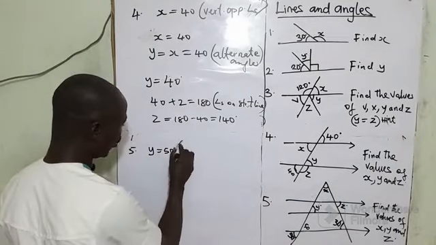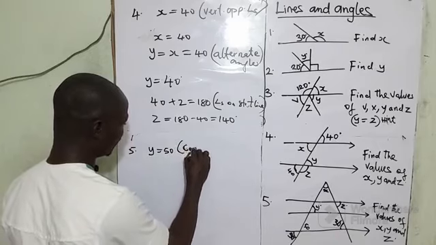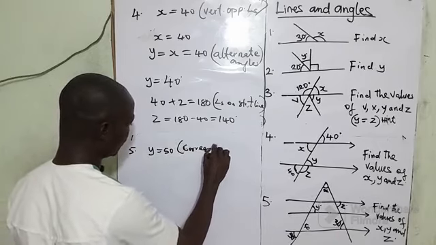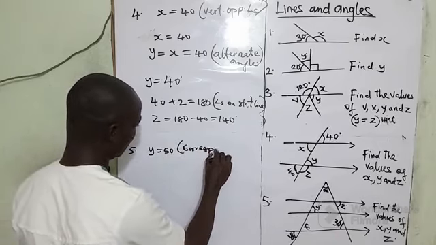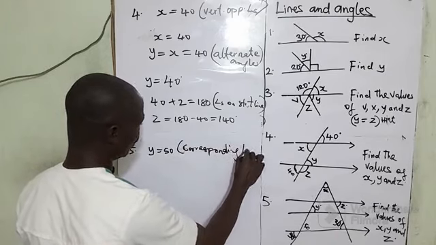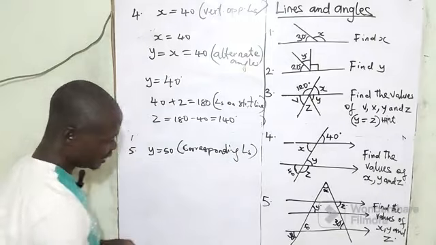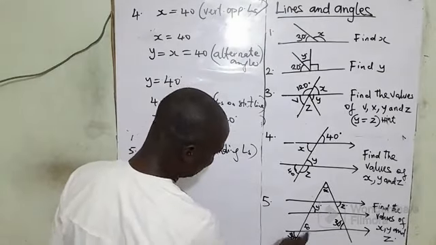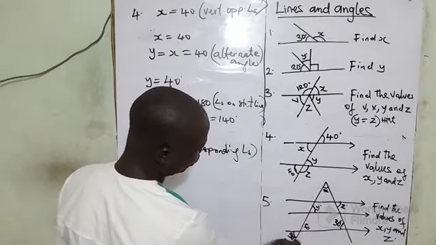Remember that 50 is vertically opposite to this. So if y is 50, that means here is equally 50, because y is corresponding to this angle.